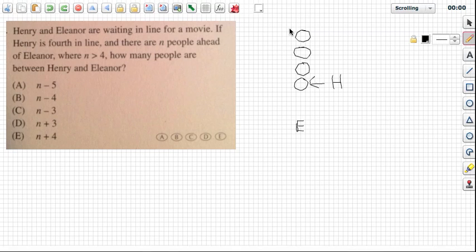And there are n people ahead of her. So that's gathering information here. So how many people are between Henry and Eleanor? Between here and here. Should be n minus 4, right? The answer is B.